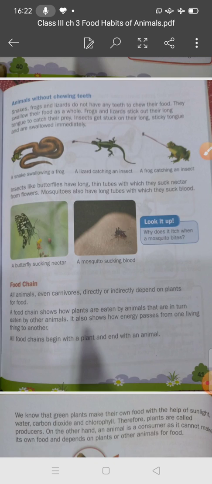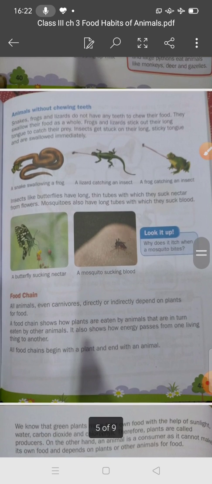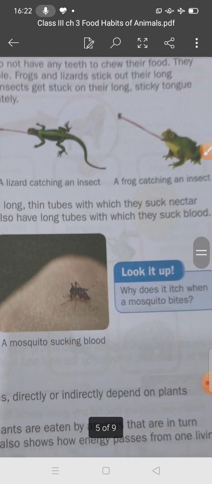And if we talk about lizards or frogs, they have a long, sticky tongue. The frog and lizard stick out their long tongue to catch their prey.